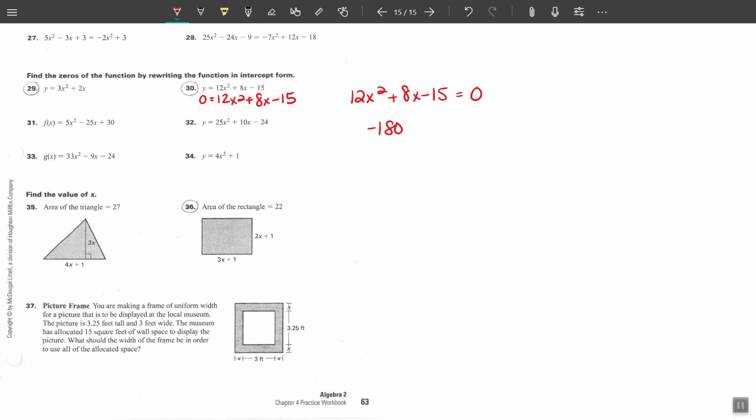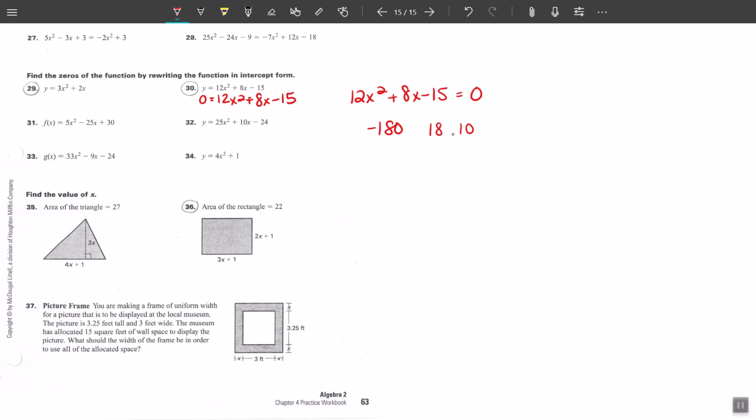Now that looks quite challenging right at the beginning, because now we're supposed to find factors of 180, of which there are a number. However, if you look up here at this positive 8, you can see that there's really only one pair, and it's pretty obvious what the factors of negative 180 are that will give you a positive 8. If we exclude the negative sign for a moment, if we take 18 and multiply it by 10, we'll get 180.